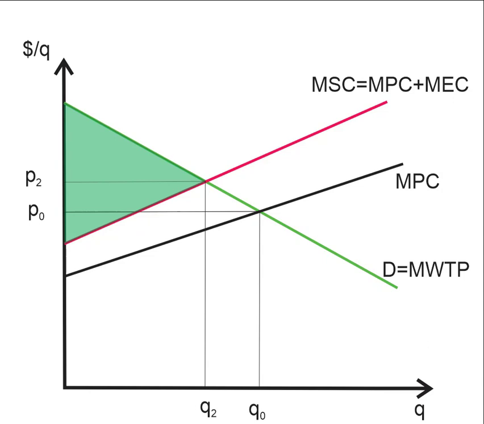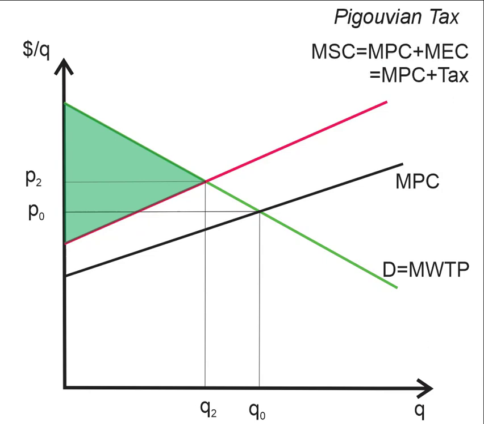However, notice that this is not an equilibrium. The producers at the price P2 want to produce a heck of a lot more than Q2. They want to produce way out on their marginal private cost curve, their supply curve. So P2 and Q2 is not an equilibrium unless the government gets involved.